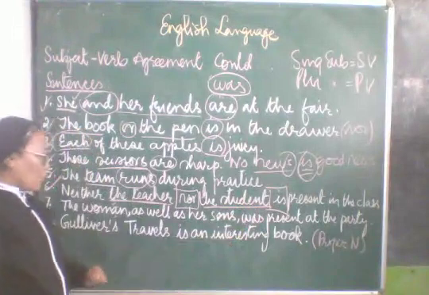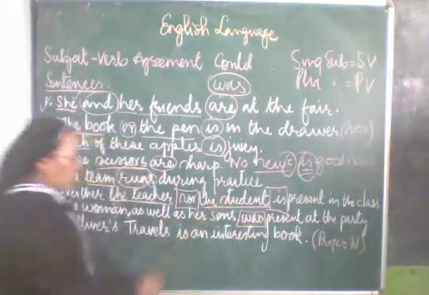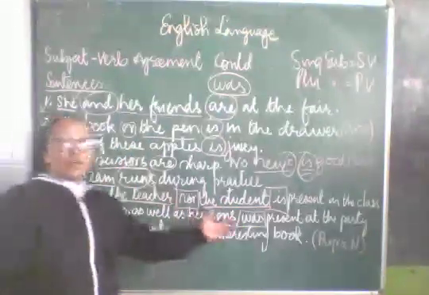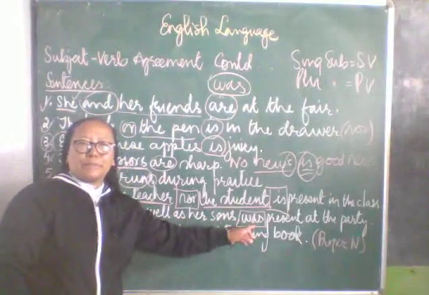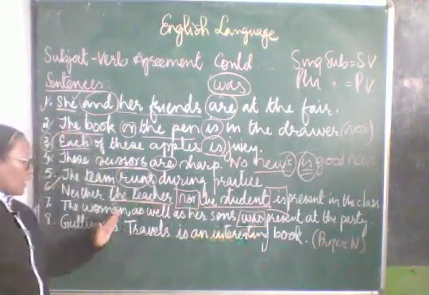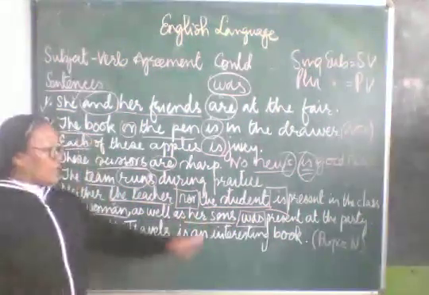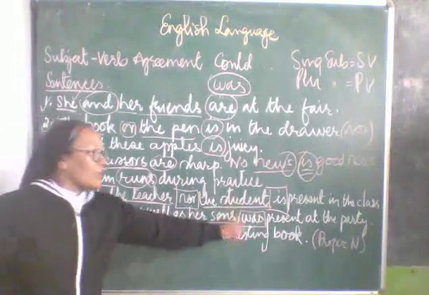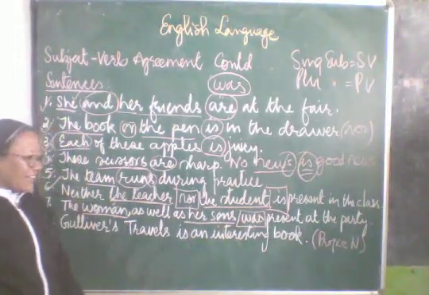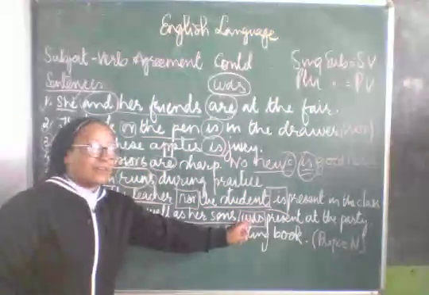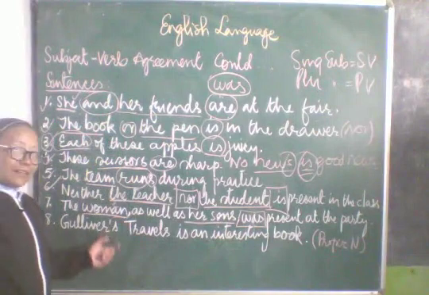Now look at this. Why is there a singular verb like this? We are talking about the woman, we are talking about her sons, but why are we taking the singular verb here? So why do you think we are taking the singular verb here? Why?